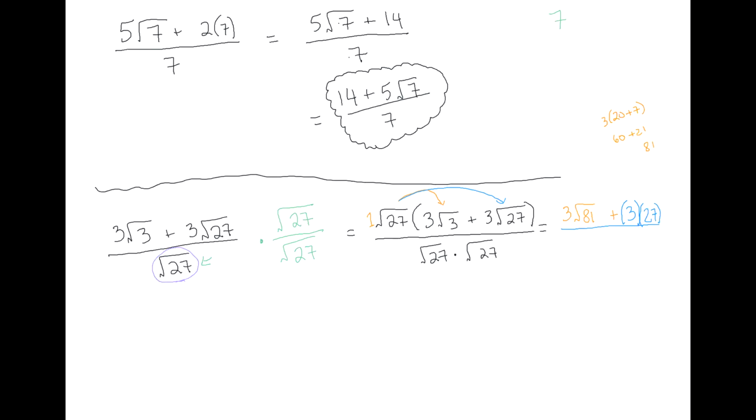I'll have the 27 by itself on the bottom, because when you multiply the square root of something by the square root of the same thing, it just comes out.